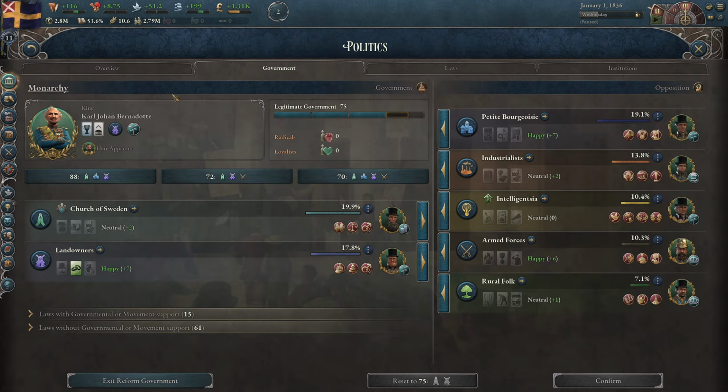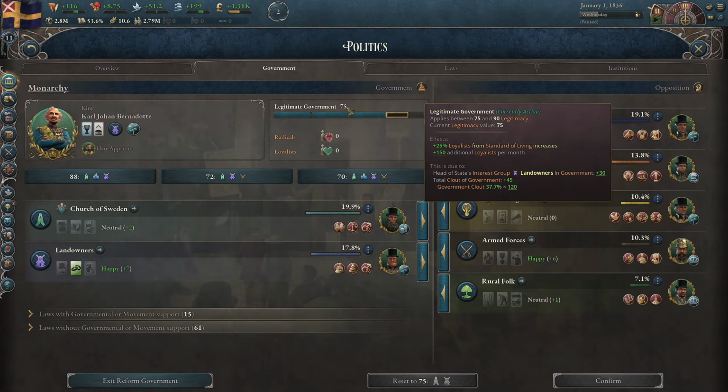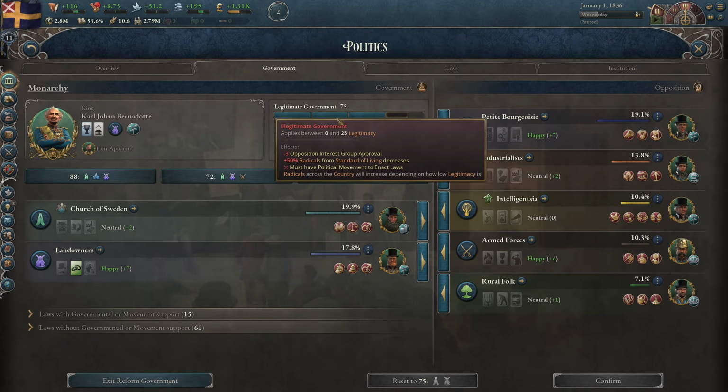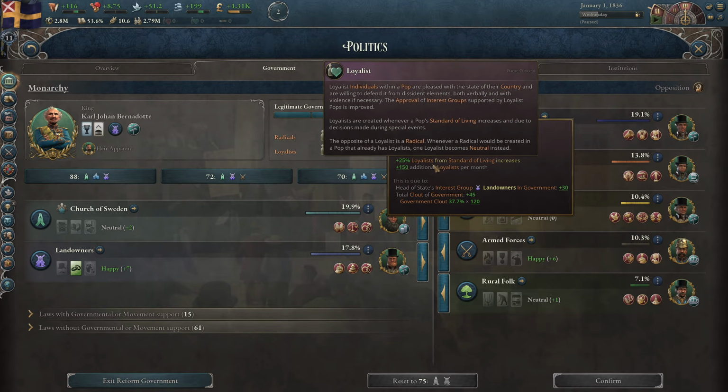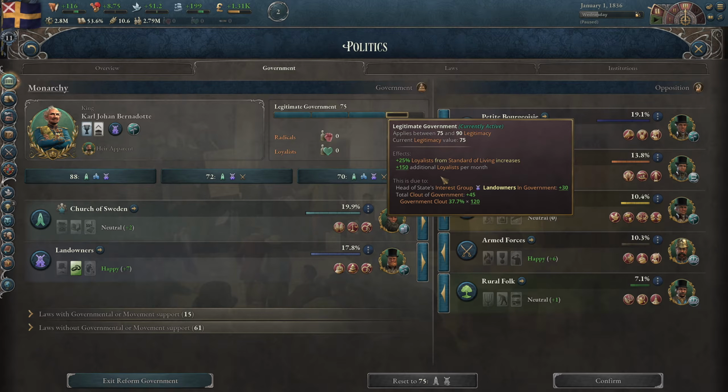giving us more legitimacy. At the moment, we have a government of the church and the landowners, giving us 75 legitimacy. And you can see these bars, right? So we are now in this bar. We are between 75 and 90. And because we are having such a good legitimate government, we get more loyalists, so people become more happy.